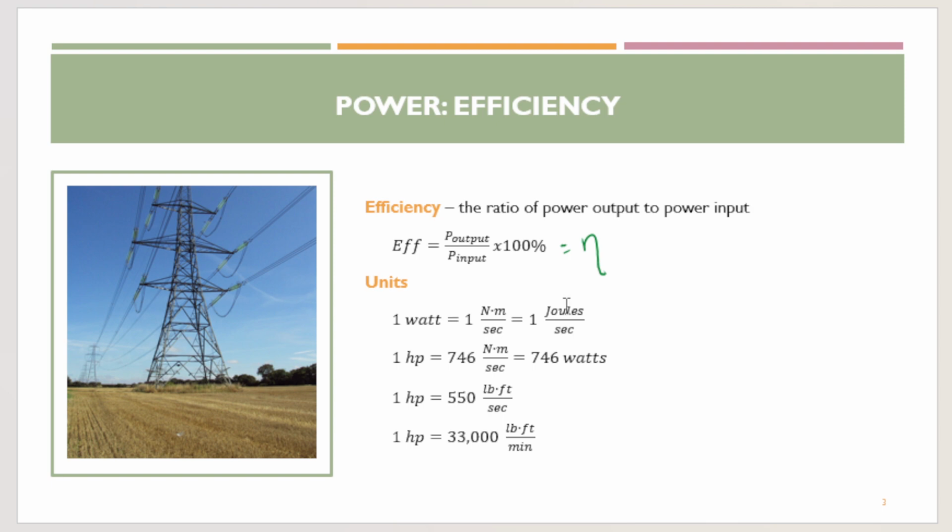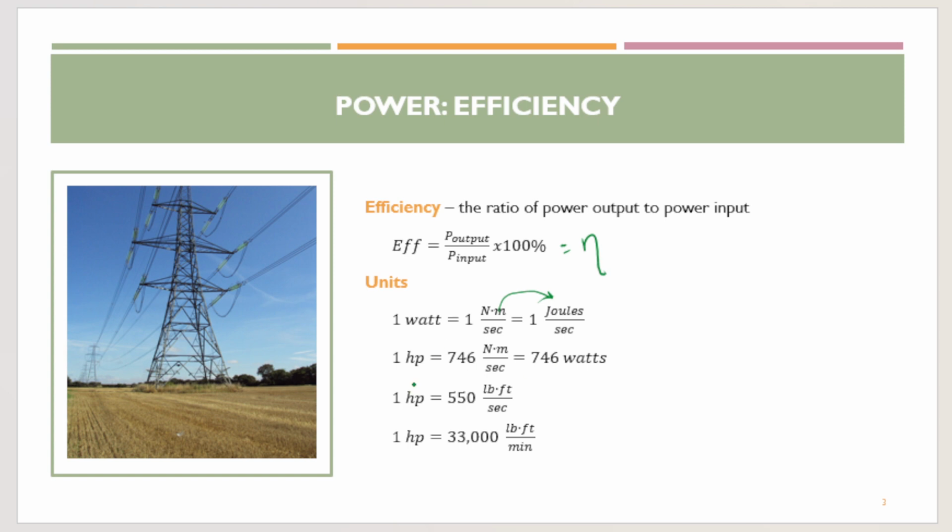The unit of power can be the watt, which is 1 Newton meter per second, since power is work over time. It can also be 1 joule per second, because 1 Newton meter is a joule, which is work: force times distance, Newton times meter.